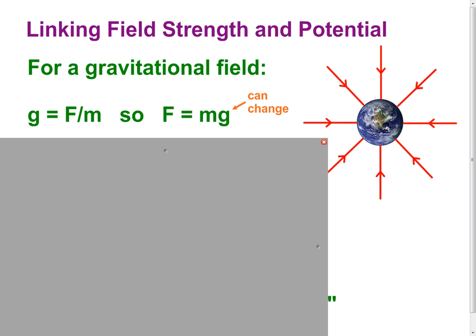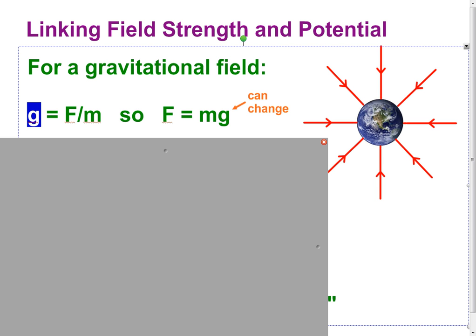Well, firstly, we know that the gravitational field strength at any point is defined as the force per unit mass, the force divided by the mass at that point. And we can rearrange this to say the force at any point is the mass times the gravitational field strength. That's a very familiar formula for you. But remember that this g can change, okay?